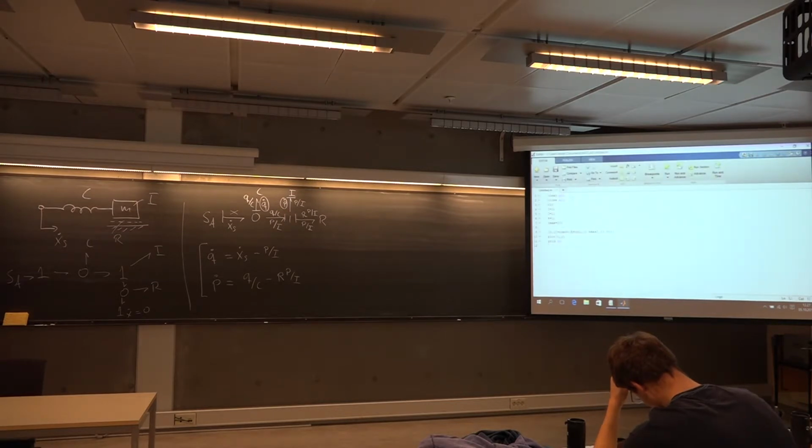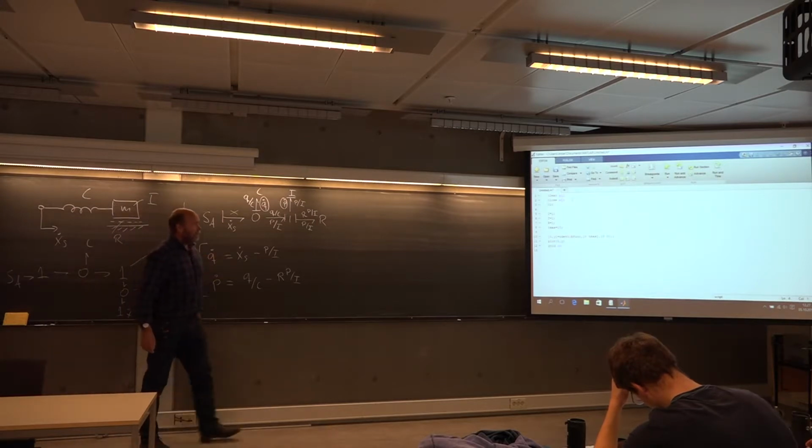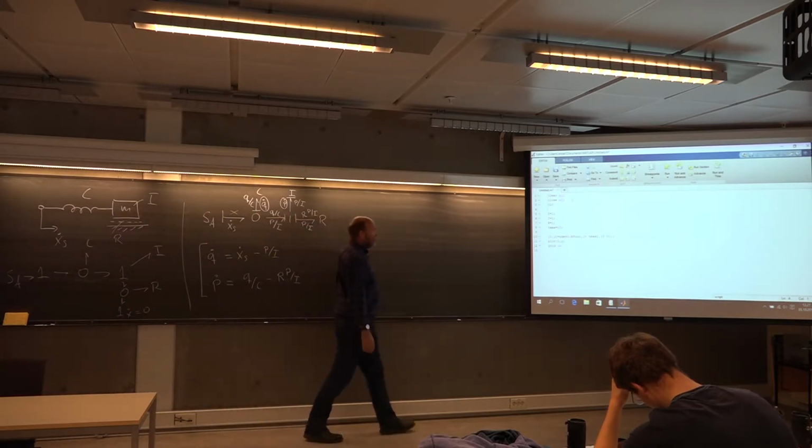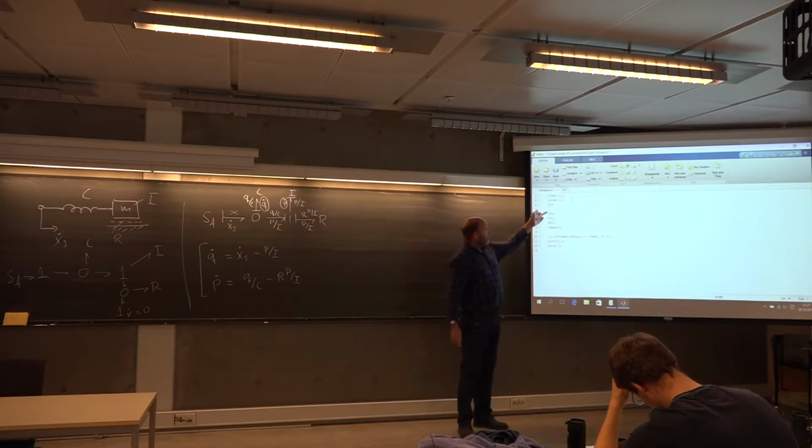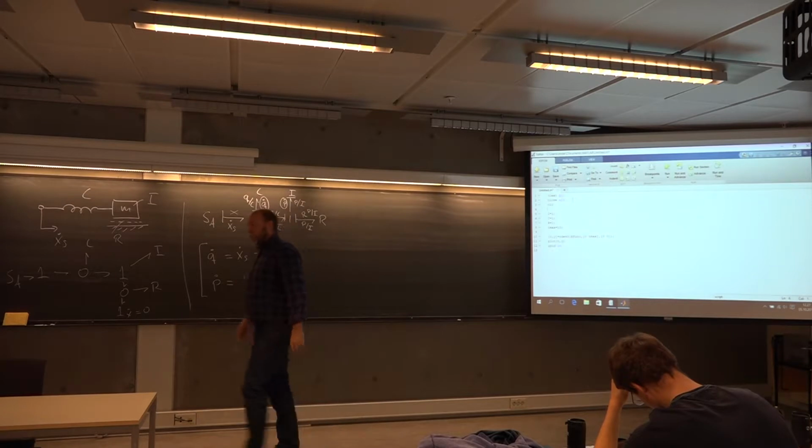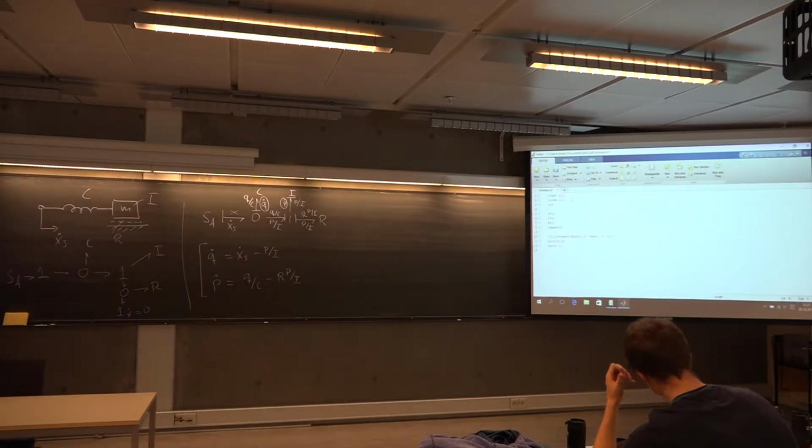Now I need this function. But inside the function, I'm going to need the same parameters that I've written here. So of course, it's a question: do you want to write your constants in the main program or in a function?